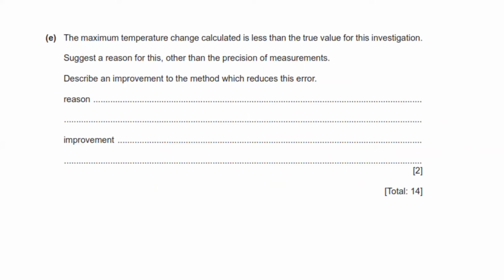Then part E, it says the maximum temperature change calculated is less than the true value for this investigation. Suggest a reason for this other than the precision measurements. Describe the improvement to the method which reduces this error. So what has happened? See, this is a beaker you have. This is your stirrer. This is your liquid.